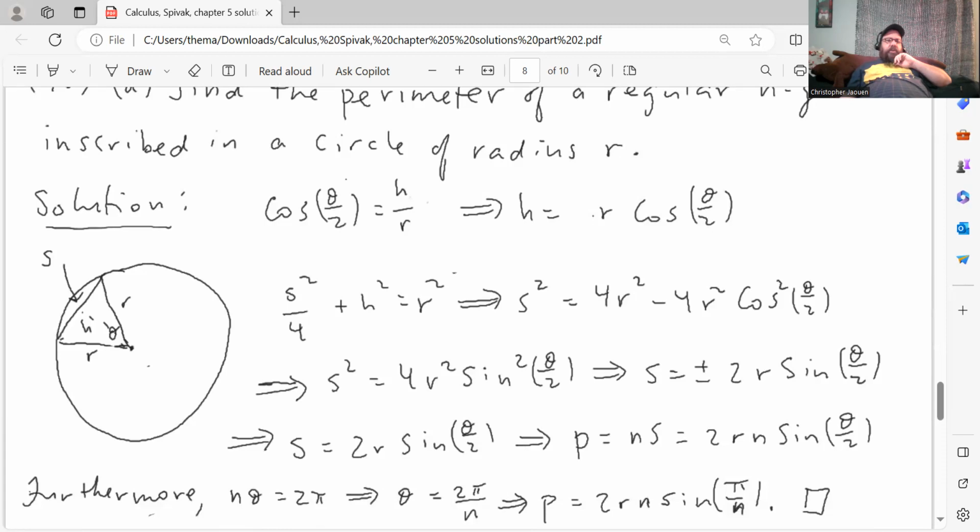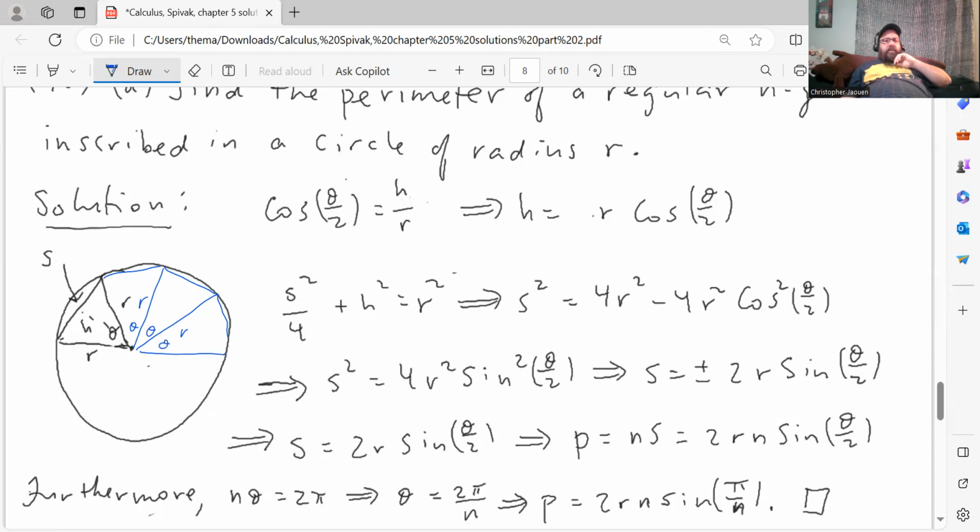So here's the solution. Just from the picture, say this is our circle of radius r, and say we have a regular n-gon inscribed in here, so all the sides have the same length, and all of the sides of these triangles that we get have the same length. It's the radius of the circle. Then all these angles theta here are all the same.